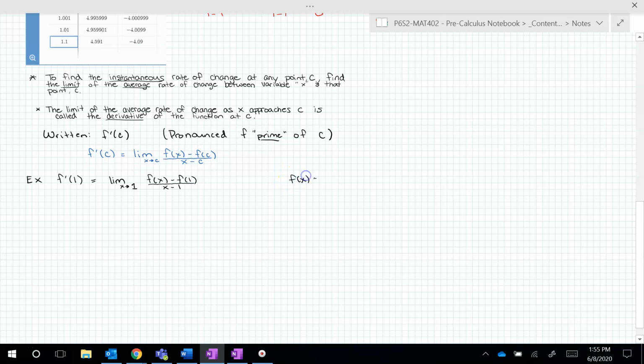So we can go back up and pull out my f of x from above, which was x cubed minus 4x squared plus x plus 7, and my f of 1 is equal to 5. So if I write this, my f prime of 1 is equal to the limit, as my x values get closer and closer to 1, of x cubed minus 4x squared plus x plus 7 minus f of 1, which is 5.